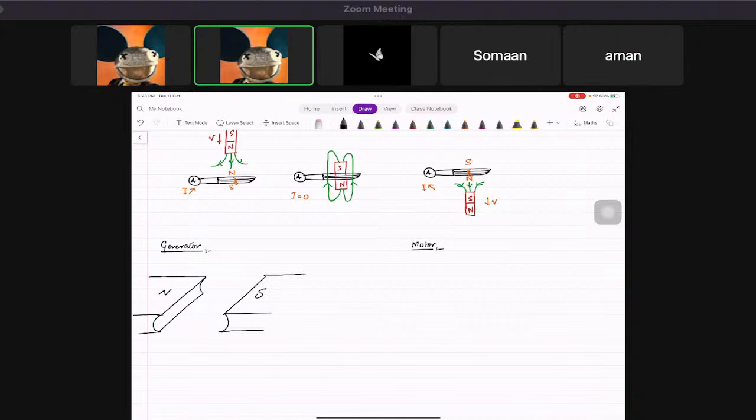So the main difference between the generator and the motor is that both contain this coil. However, in a generator, the coil is going through sort of in this axis where it clamps up to make full rings.